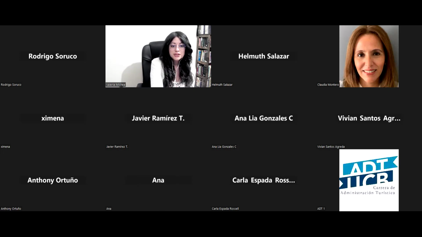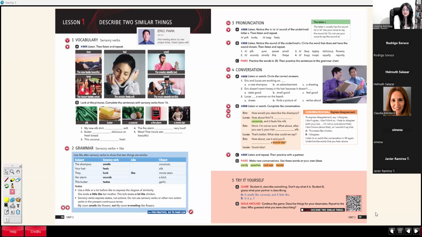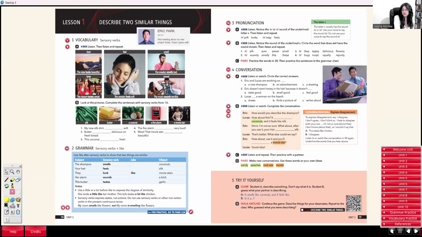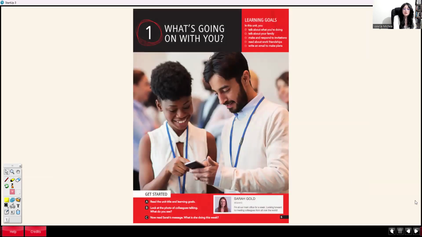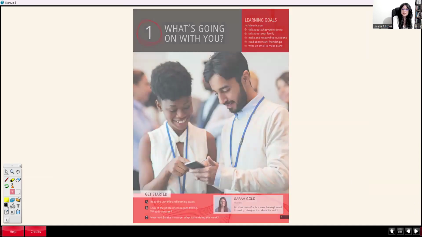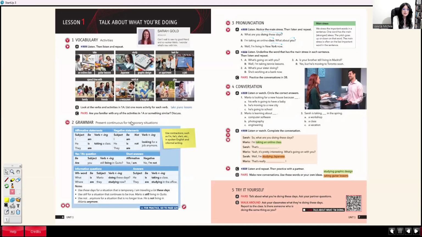So let me start sharing the book so we can remember where we are on this book. Let me go to the beginning of the book. So yeah, we started with, of course, unit 1. And what we did here is just to review the present continuous.